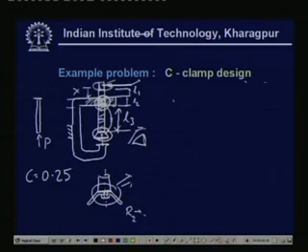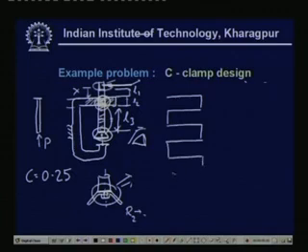If you consider the cross section of the thread, then this point will have the compressive stress. Suppose it is here, then the compressive stress is P, there will be compressive stress.